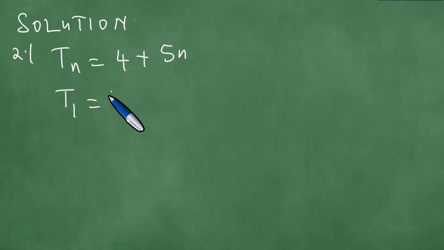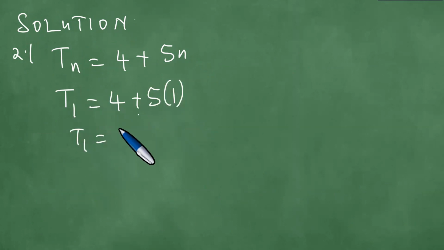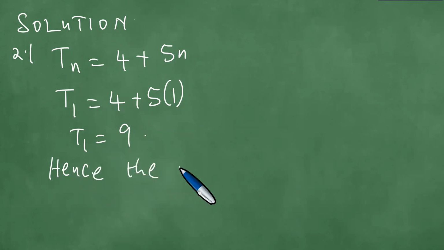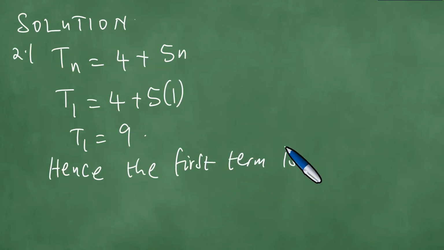So we're interested in the first term, which means that T1 is 5 plus 4. What is 5 plus 4? It is 9. So hence, the first term, T1 equals 9.